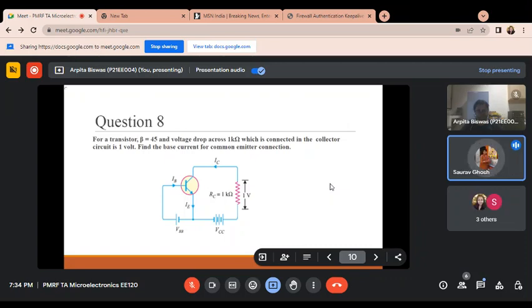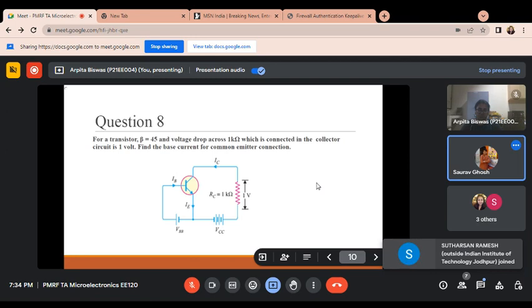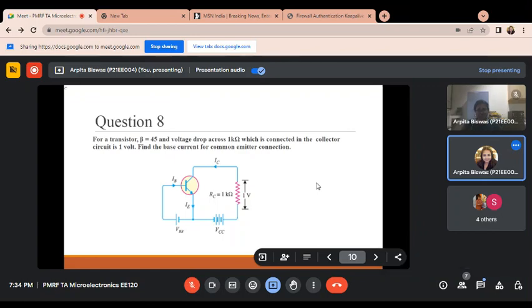Ma'am, the VCC value is given? VCC is not given. You have to find out at first the VCC, and the VBE value is 0.7. VCC and VBB are not given.